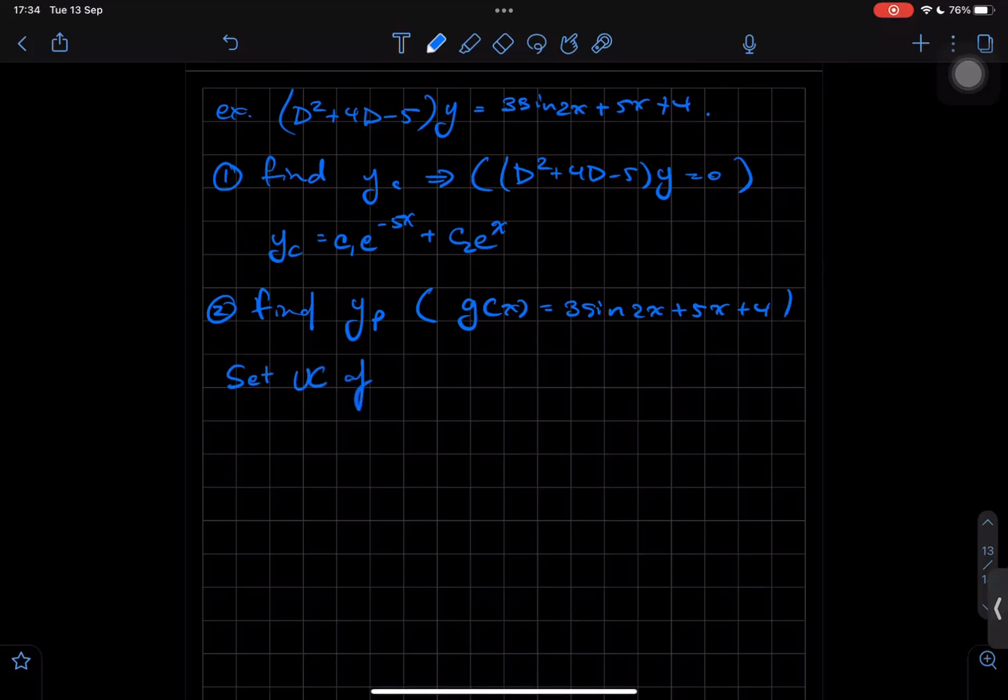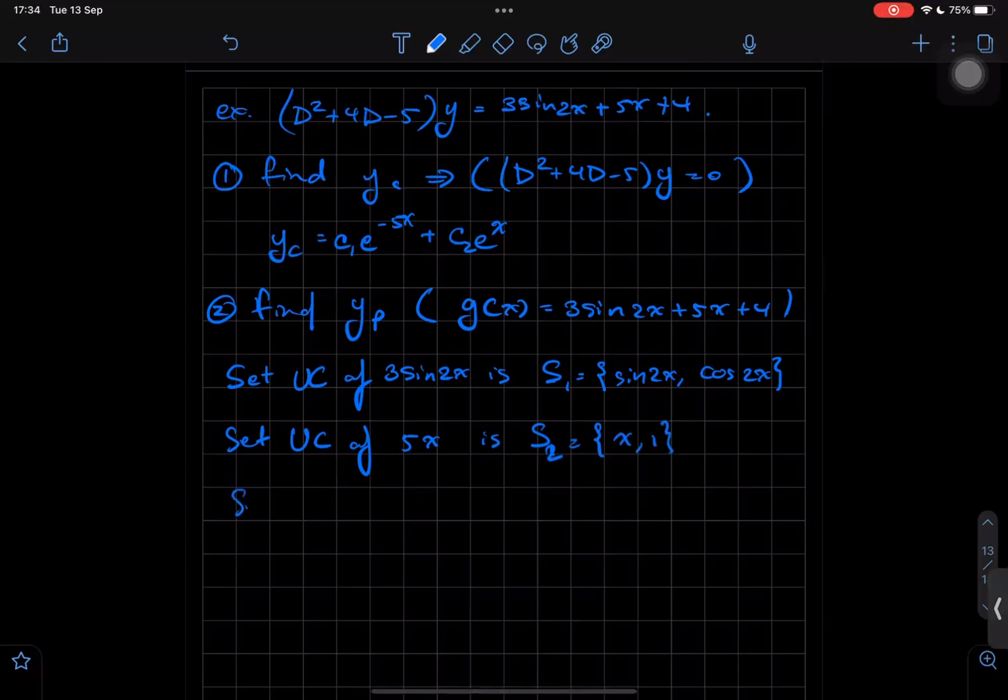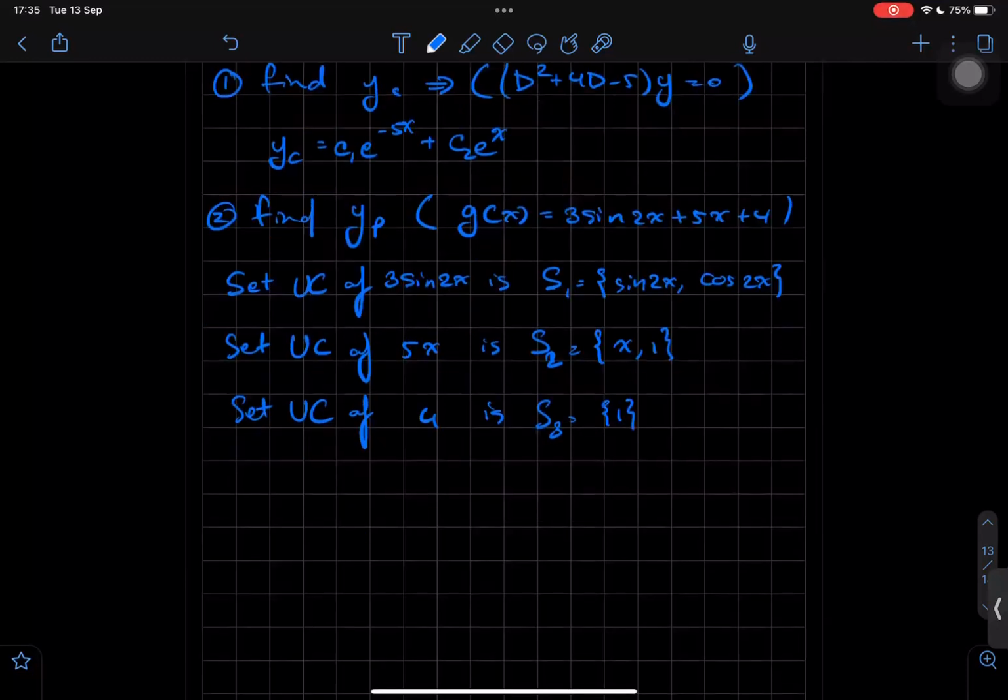Of 3 sine of 2x is sine 2x and cos 2x. Of 5x is x and 1. Of 4 is just 1.